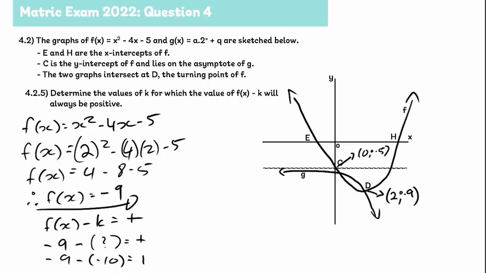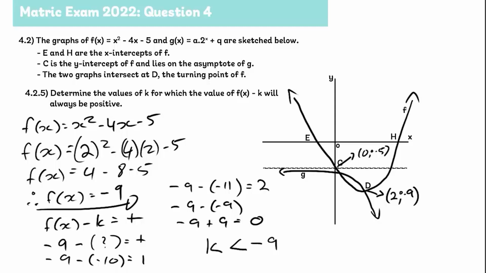Or we can go minus 9 minus 11, and that'll equal 2. So what we're saying is, as long as k is less than minus 9, we'll have a positive value, because at minus 9, that'll equal minus 9 plus 9, and that'll equal 0. So at 9, we're not a positive value. So as long as k is less than minus 9, we'll have a positive outcome.